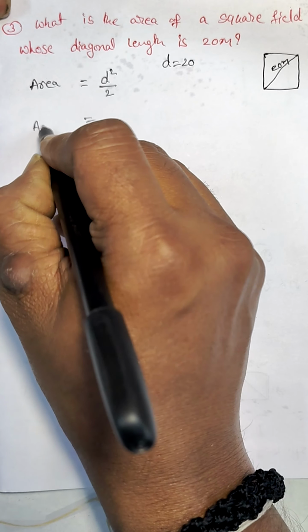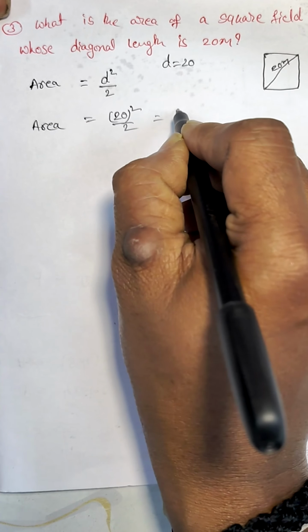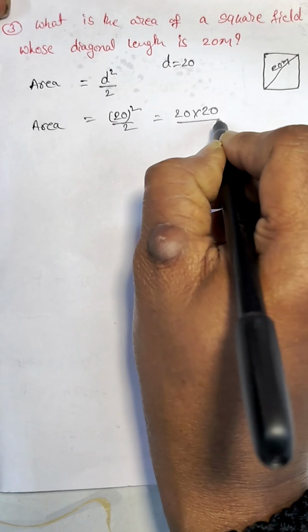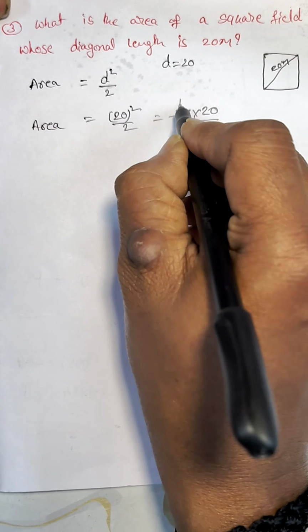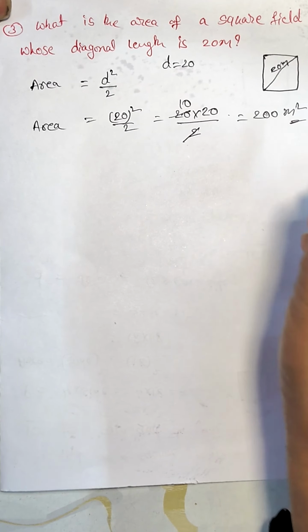So the area of the required square is 20 squared by 2. This can be written as 20 into 20 by 2. 2 ones are 2, 2 tens are 10, 20s are 200 meters squared, which is our answer.